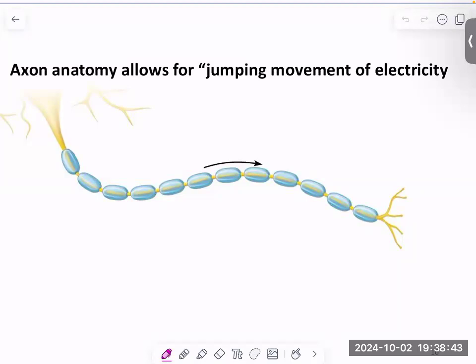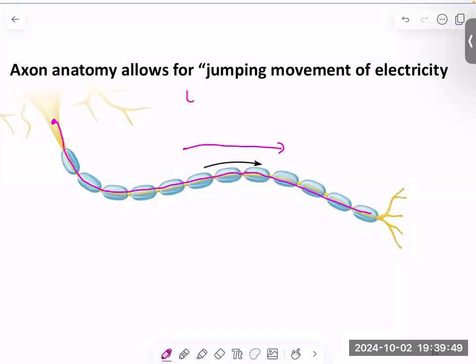For the axon, when the signal gets to the axon hillock, the axon hillock is going to rapidly send the signal down the axon. Yes, this signal moves in one direction.